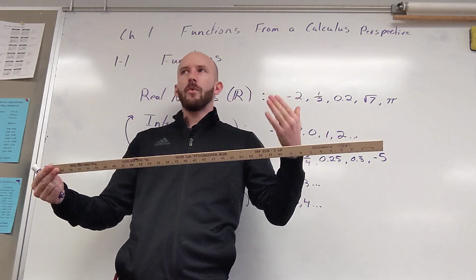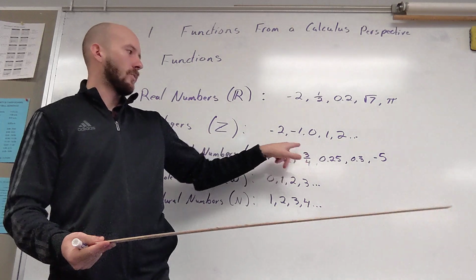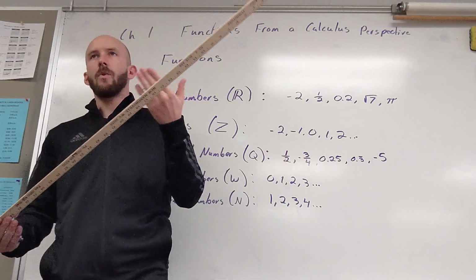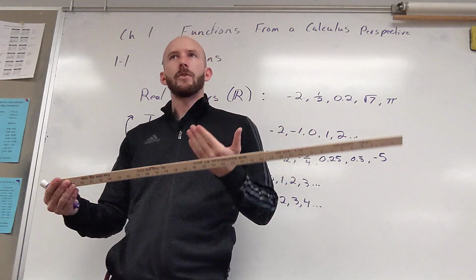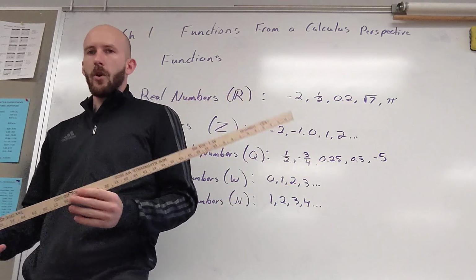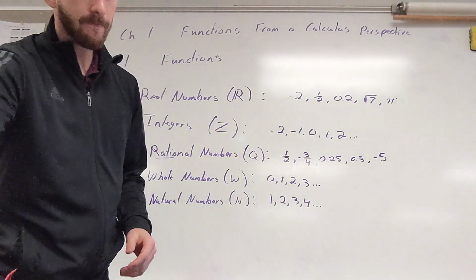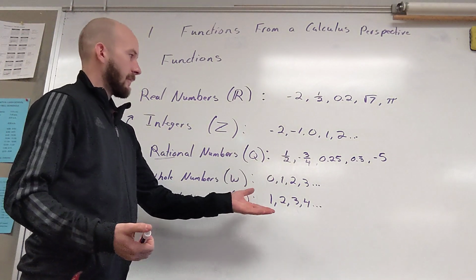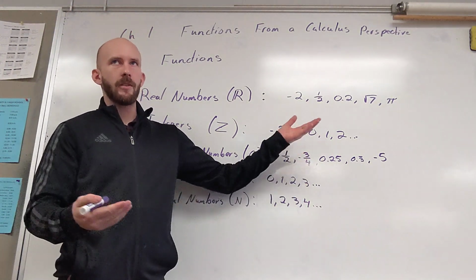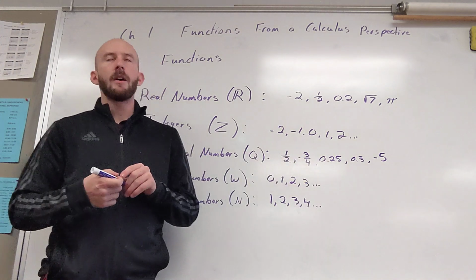And that all comes from ratios. 1/2 is the same as 1 divided by 2, or the ratio of 1 to 2. So that's why they're called rational numbers with that root word ratio. Okay. So as need arose, we developed new number systems.